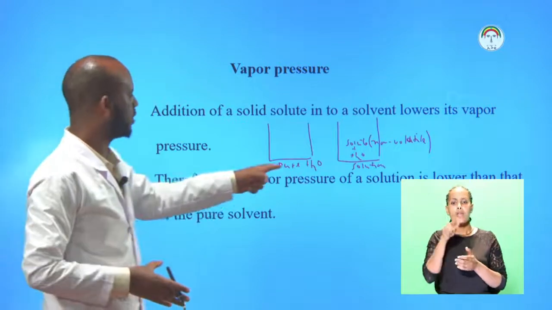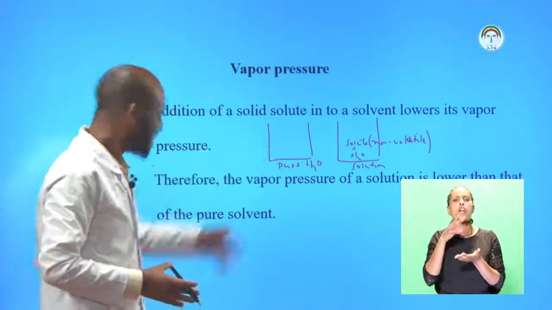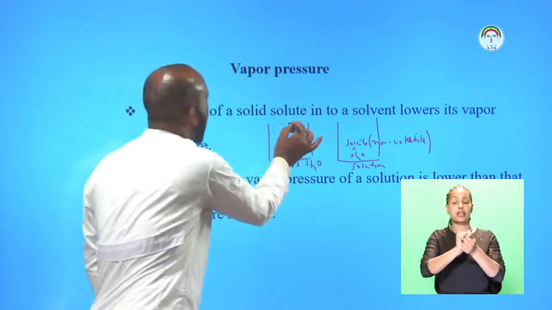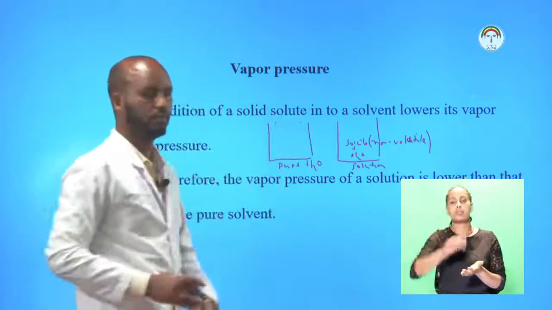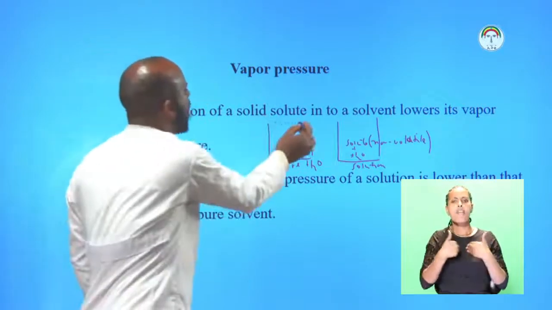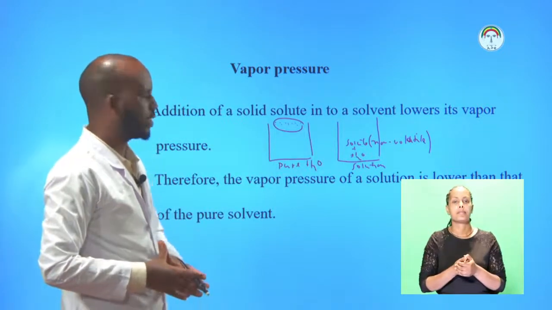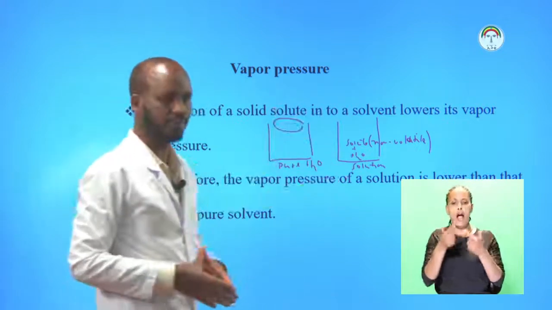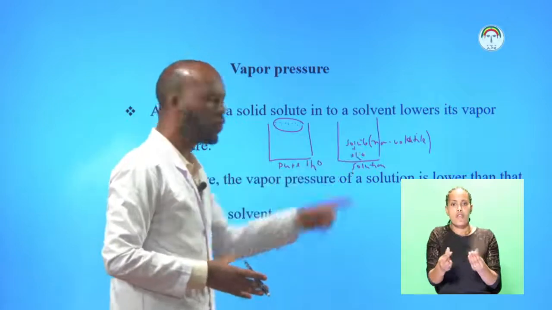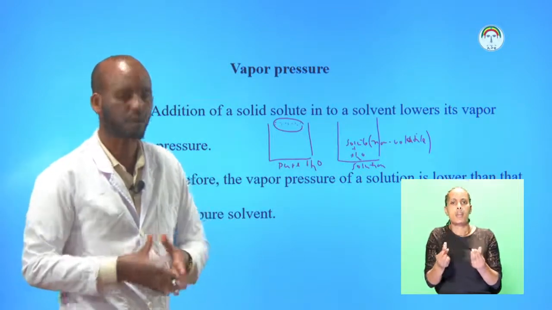If you look at pure water, those water molecules with enough kinetic energy can be converted into vapor. Therefore, here we have high vapor pressure. But when we come to the solution, the solute dissolves in a solvent, so there is solute-solvent interaction.